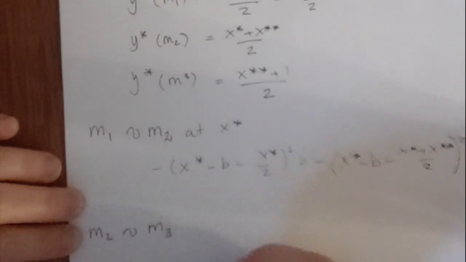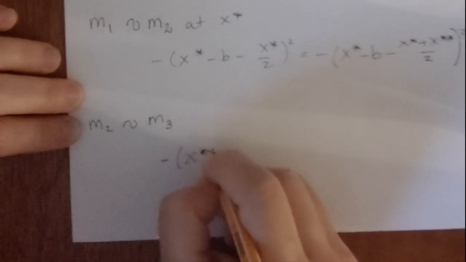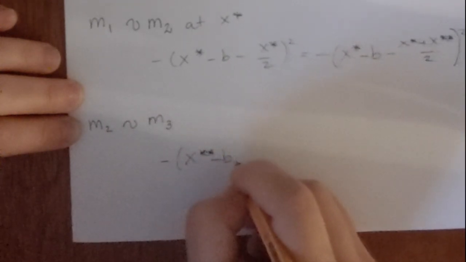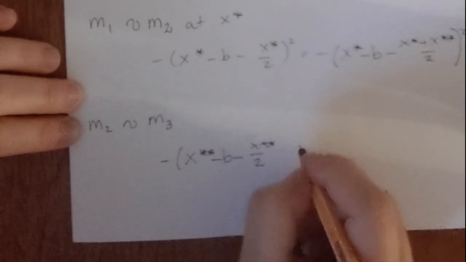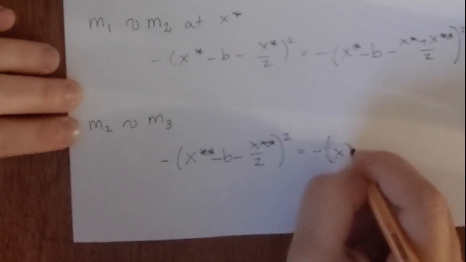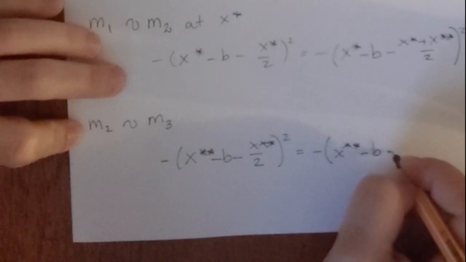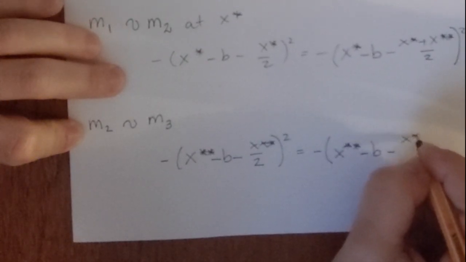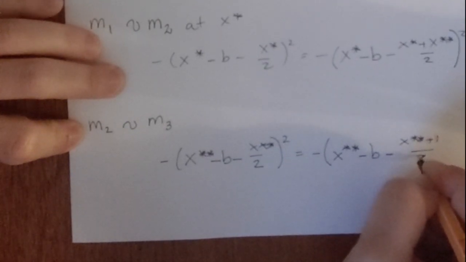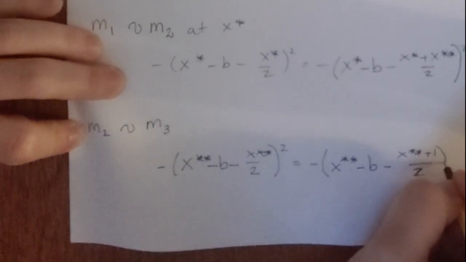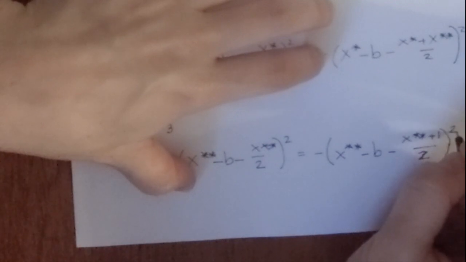Message 2, message 3: minus (X star star minus B minus (X star plus X star star) over 2) squared equals minus (X star star minus B minus (X star star plus 1) over 2) squared.